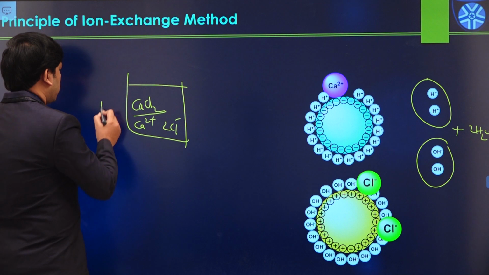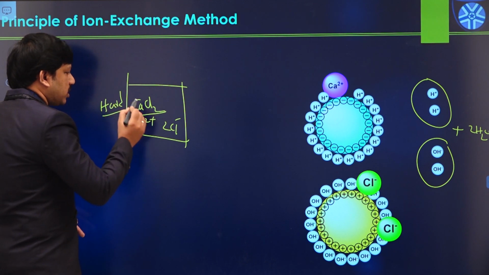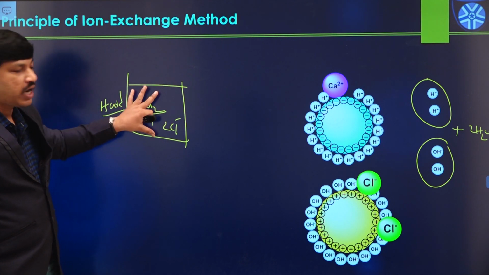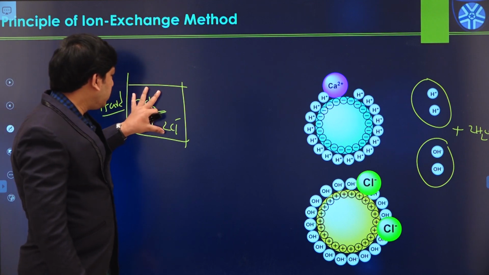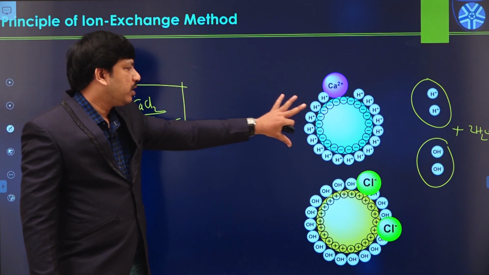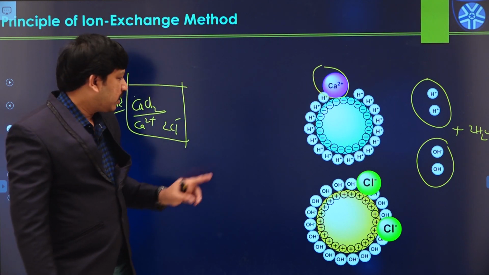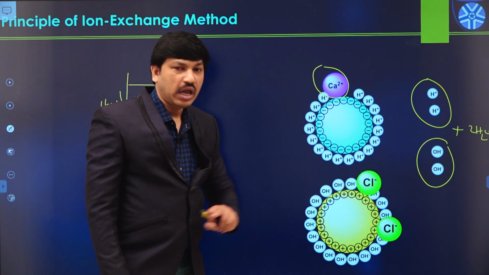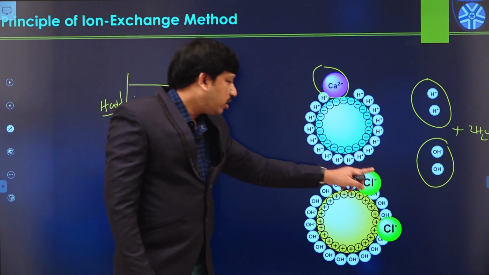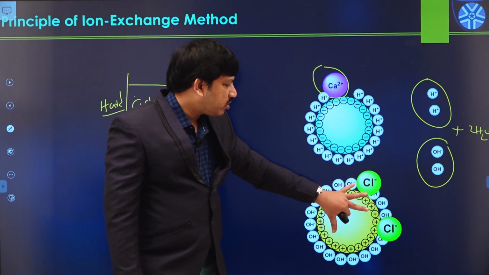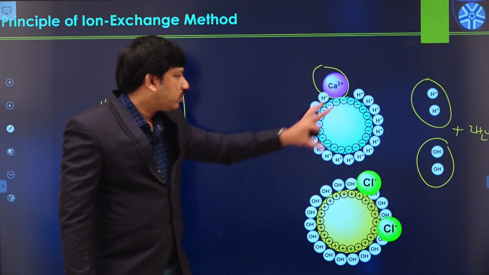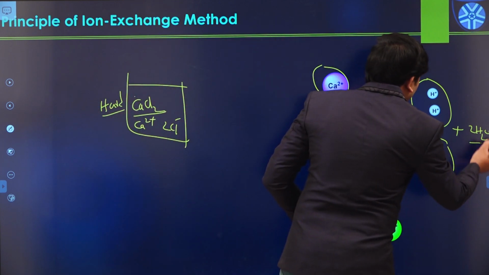So, like this we can purify. This is hard water, which contains calcium chloride impurity. Now we send this water toward the cation exchange resin, where the calcium is removed in this manner. The remaining water goes to the anion exchange resin, where the two chloride ions are also removed. Finally, we have only purified water.